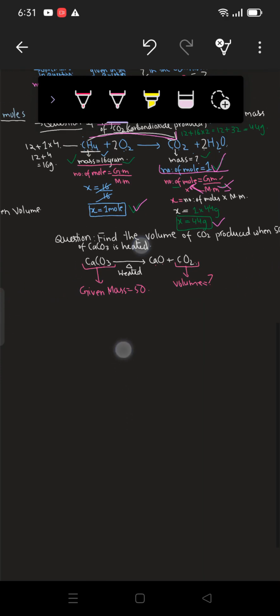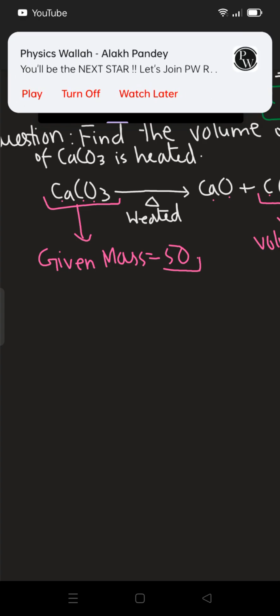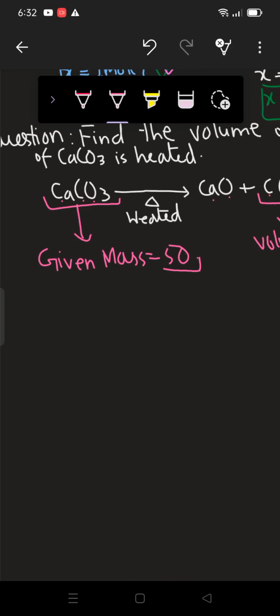Initially I have taught you, for finding something you need to calculate the number of moles first. Now how will you calculate the number of moles? As you can see, the mass is already given in the question and you know the molar mass of calcium carbonate as well, right? So by taking a ratio of the given mass per molar mass, you can get the number of moles.